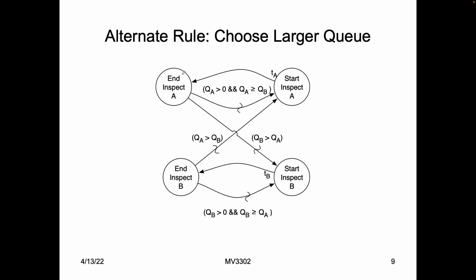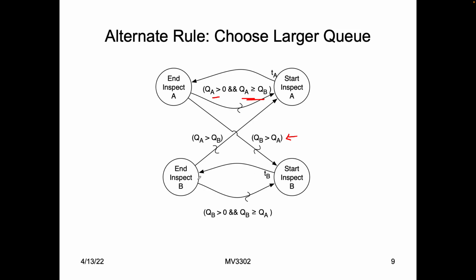Well, when we finish inspecting an A, then we're going to start inspecting an A if there is an A, and let's say that the Q of A is at least as big as the Q of B. In other words, if A is at least as big as B. Otherwise, if the Q for B is bigger, then we're going to switch.